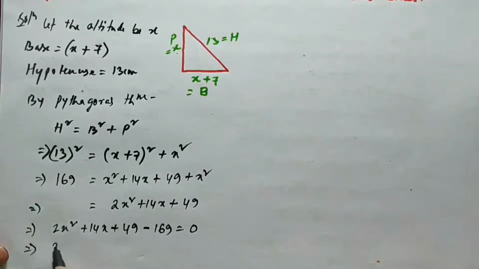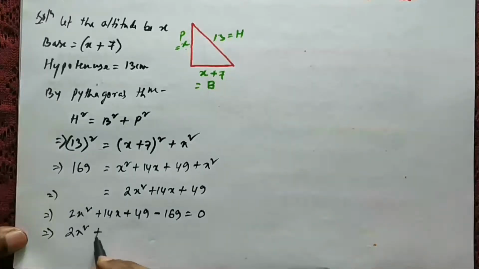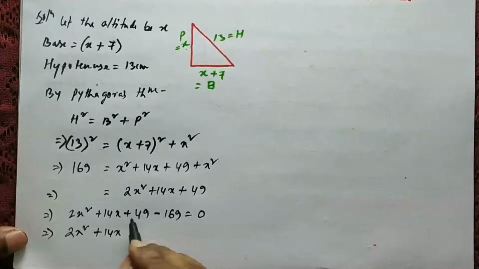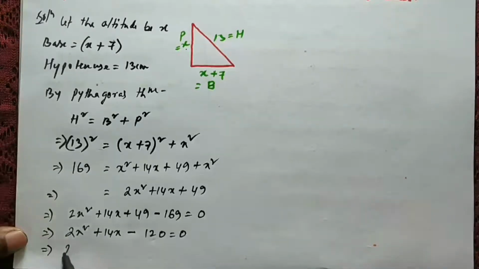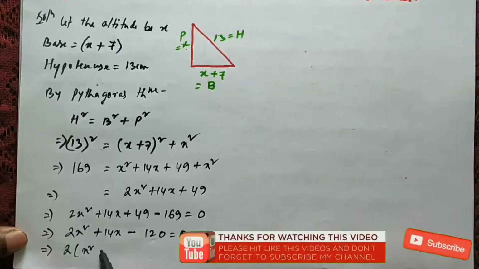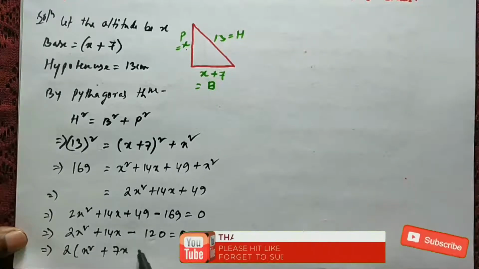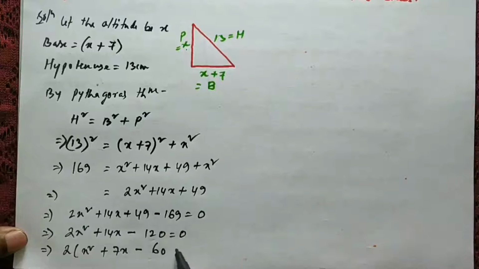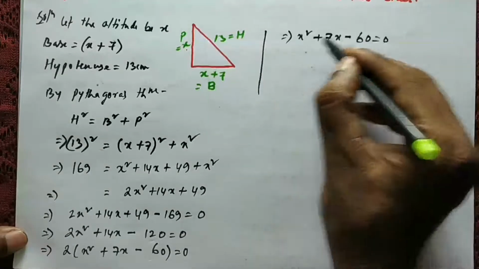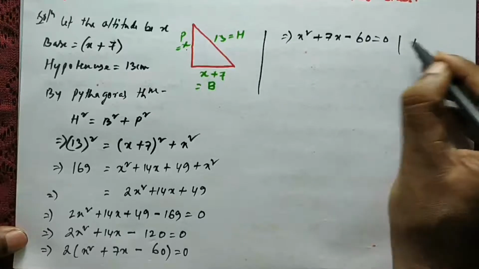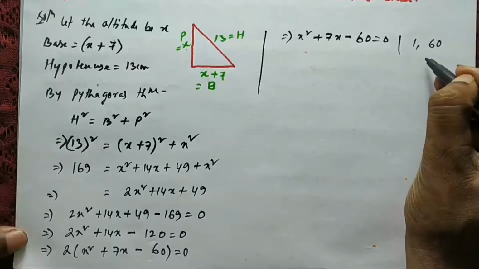So this is big and this is small, so we write minus sign, and if we subtract this, we get x square plus 7x minus 60 equal to 0. We have coefficient of x square as 1 and the constant term is 60. If we multiply, we will get 60.